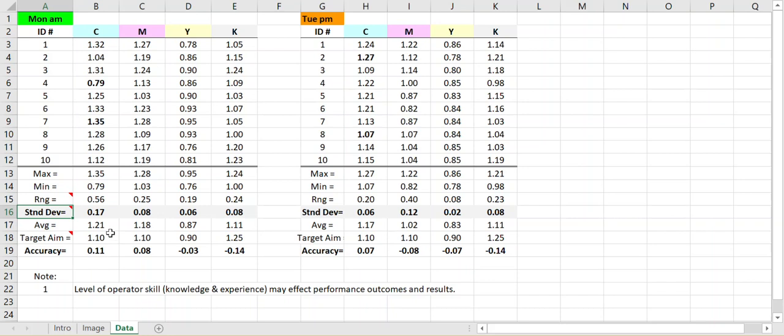So in the case of cyan, it ran at an average density of 121. It was supposed to run to a target of 110, which means it was plus 11 points strong or darker. The magenta was 8 points darker. The yellow was 3 points lighter. The black was 14 points lighter.